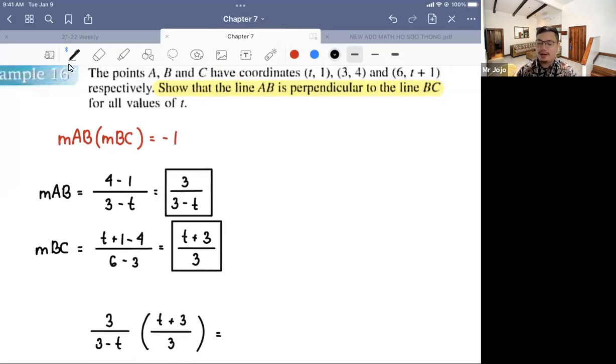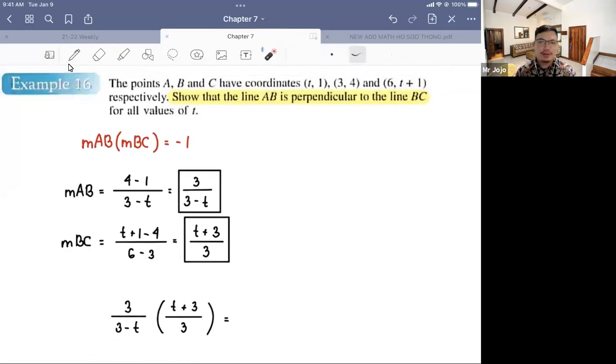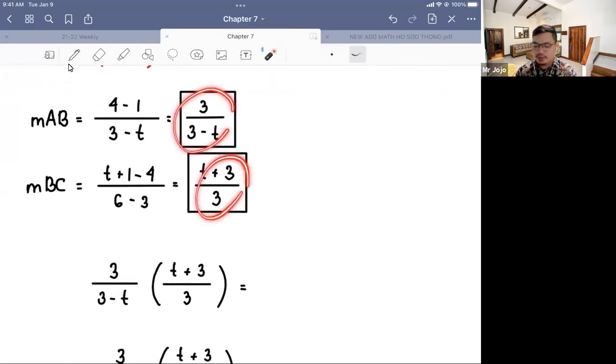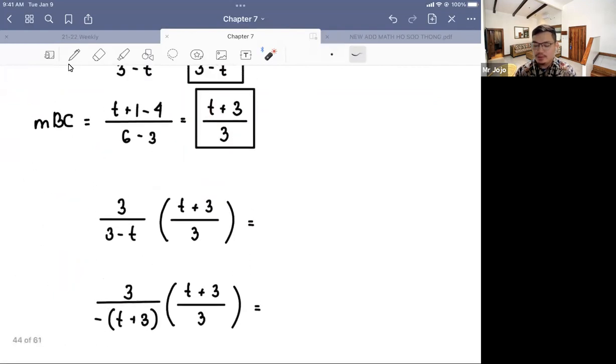Now again, what we're after here is to get -1 when we multiply these two. So let's multiply them. Basically we can cancel 3 and 3. However, t plus 3 is not the same as 3 minus t.